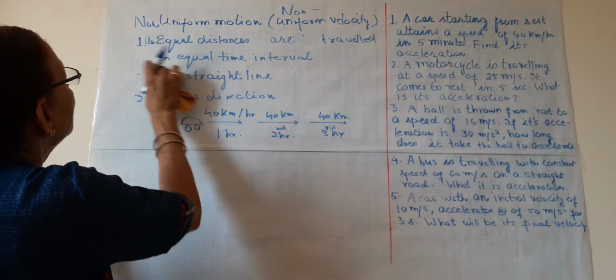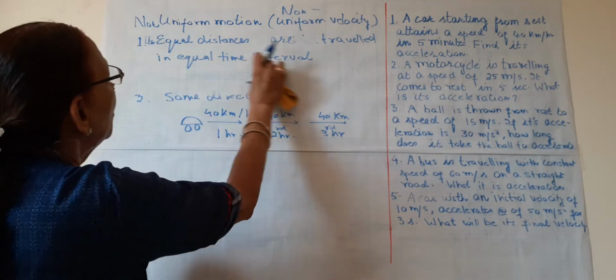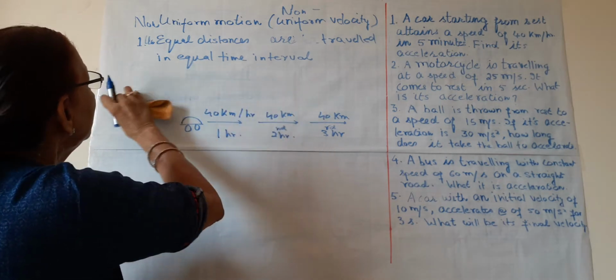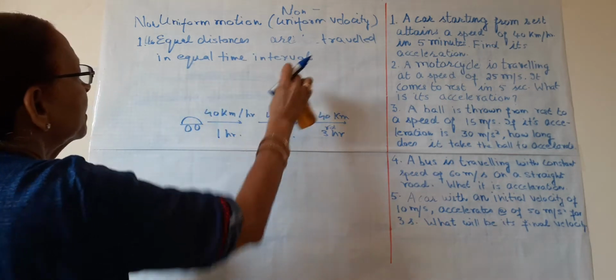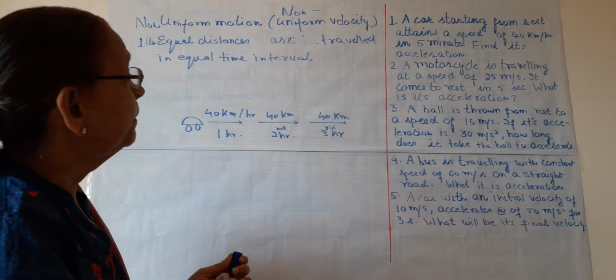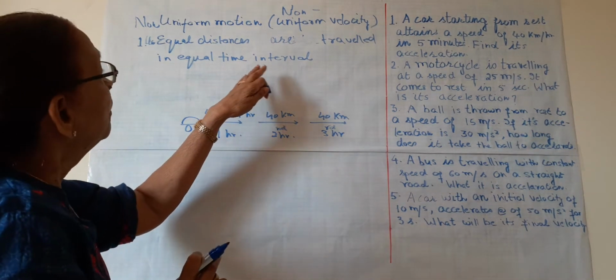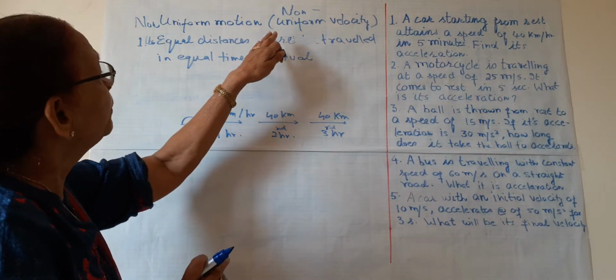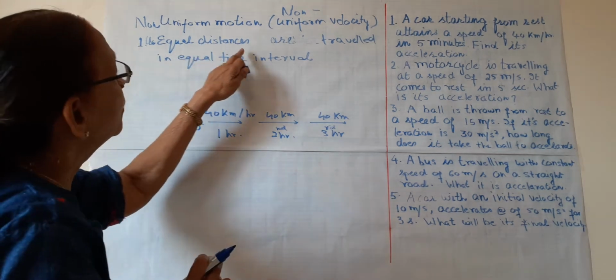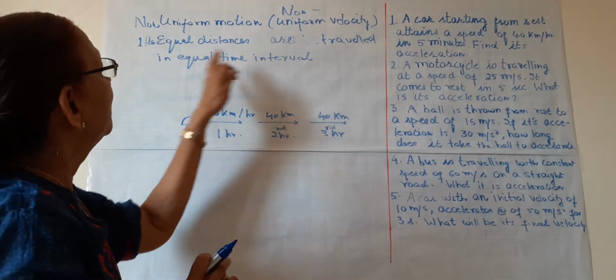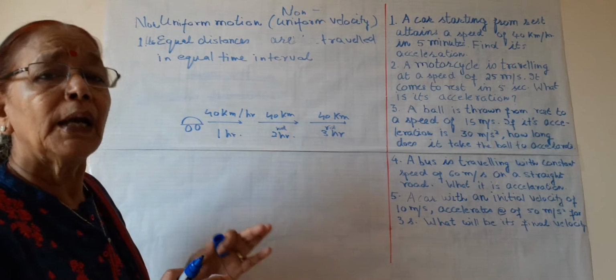It may be in a straight line or may not be in a straight line. It may be in the same direction or it may not be in the same direction. So the definition of non-uniform motion is unequal distances traveled in equal time interval.